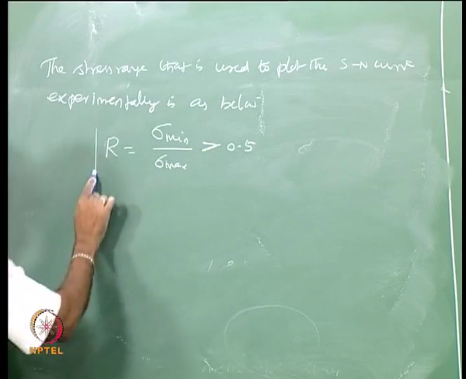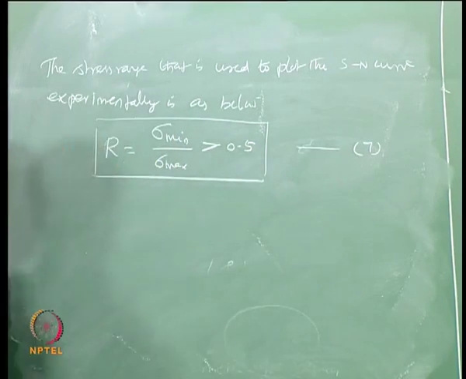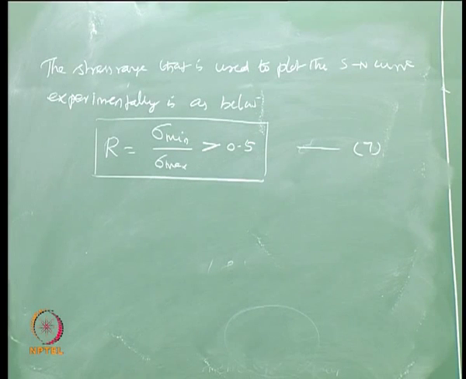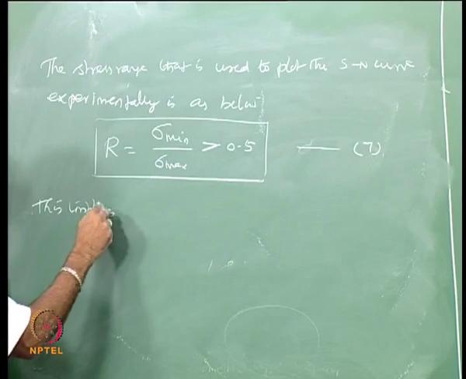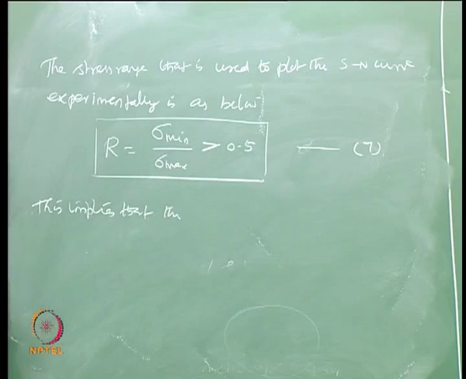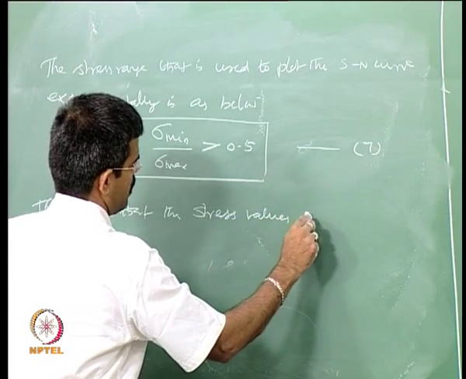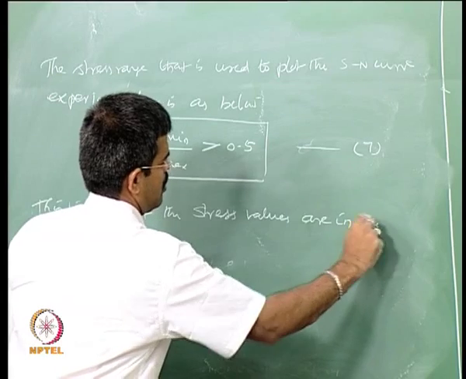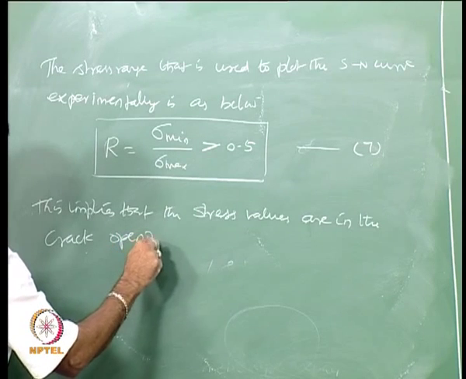That is the stress range which has been used generally to plot SN curves. This implies that the stress values are in the crack opening mode.